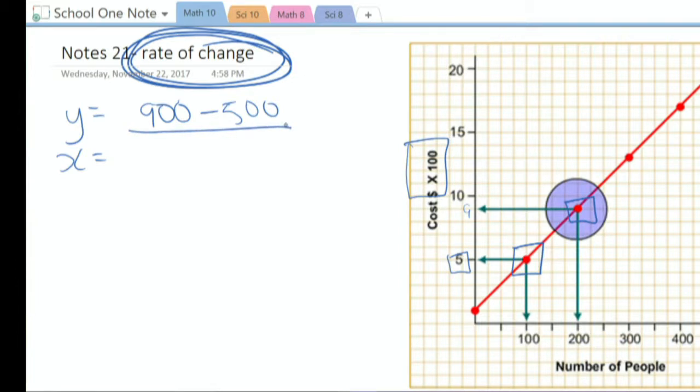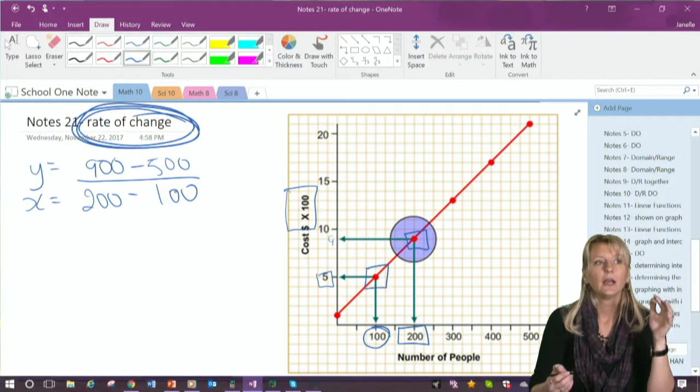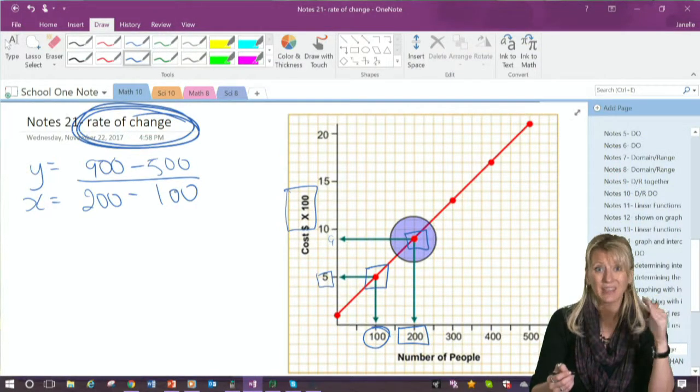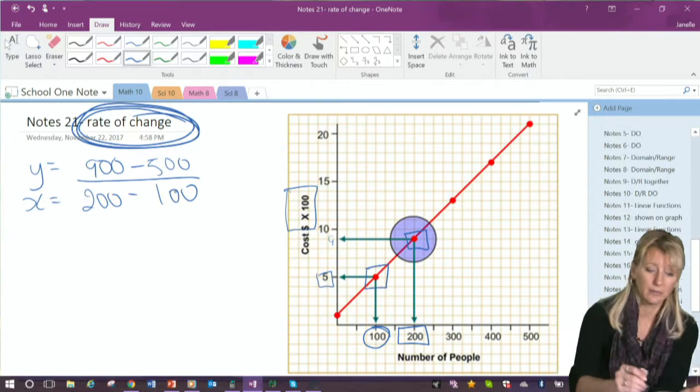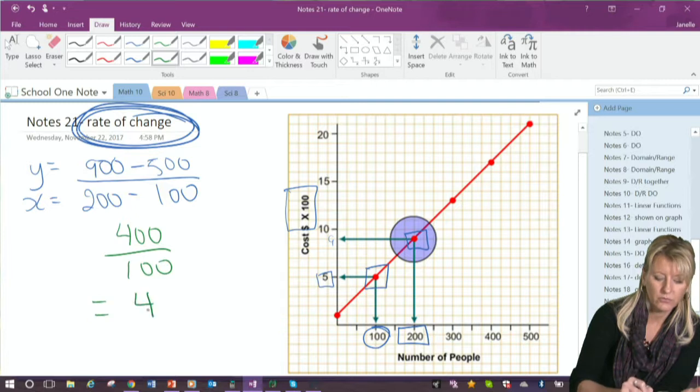So that's how you show rate of change between those 2 points. And then the x value is 200, and then it changed to 100. So this is all rate of change. It's taking the y values and subtracting them, and then taking the x values and subtracting them. So when I subtract them, I get 400 over 100, which equals 4.